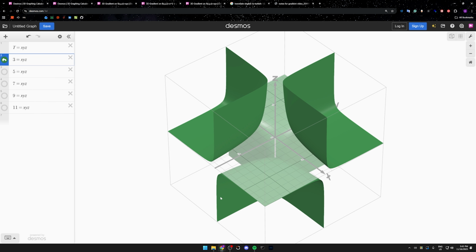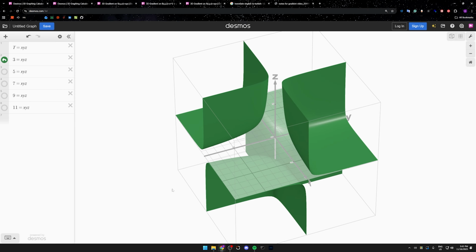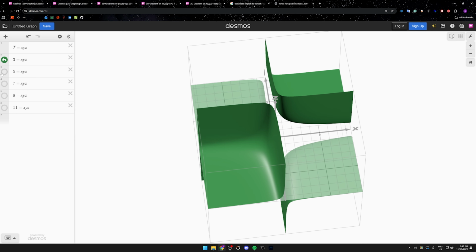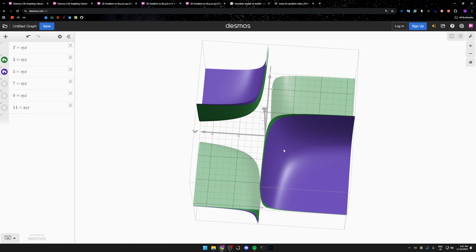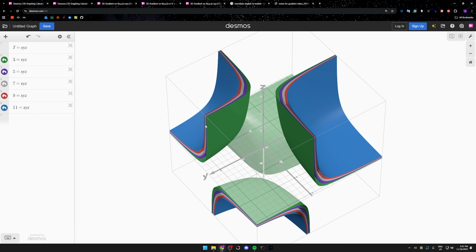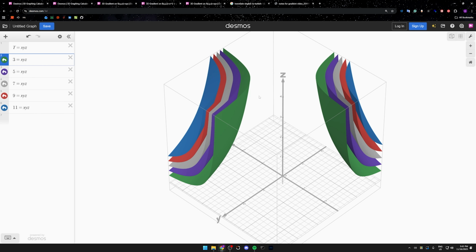This is kind of a hard thing to maybe imagine, and I understand that. I'm just explaining the idea behind it, so just bear with me. And at t equals 5, we have another level surface. T equals 7, another one, and another one, and another one.